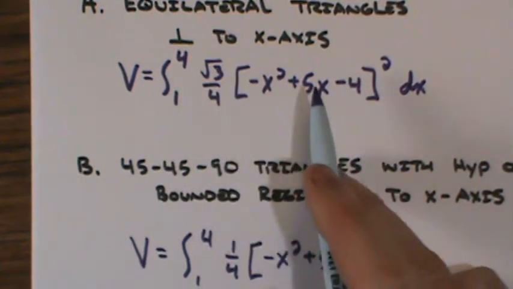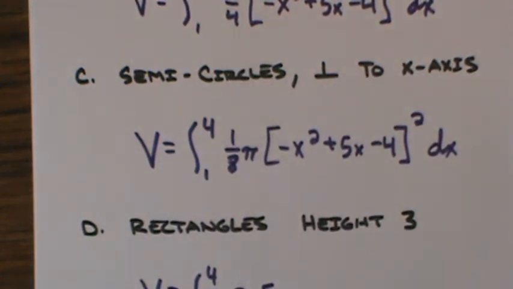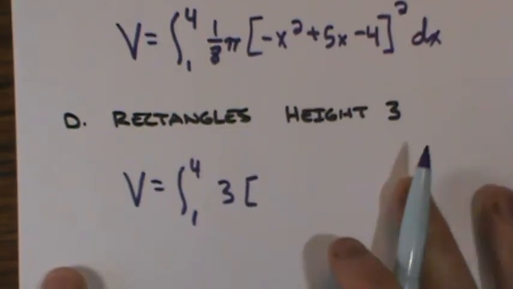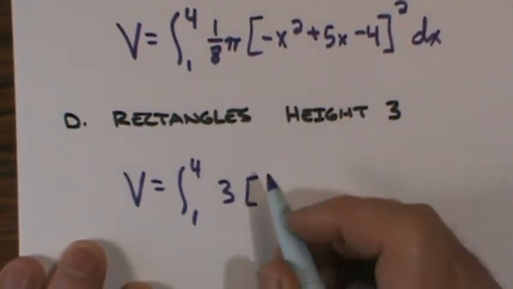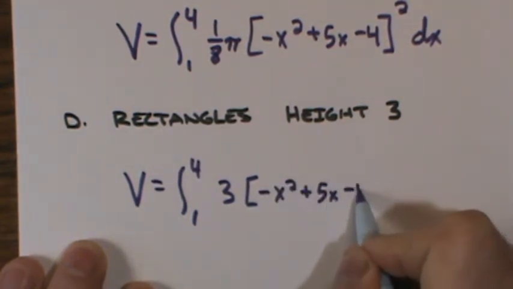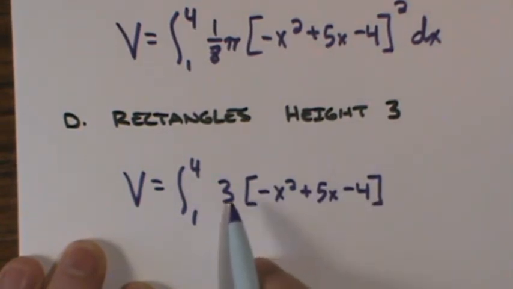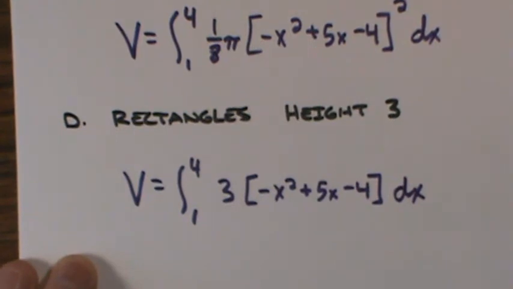Here's the 2 dimensions, which was creating the area, multiplied by the dx, which was your third dimension. On this one, this is a dimension. This is a height of 3. The base is just the simple negative x squared plus 5x minus 4, not squared. It's just boom, boom, 1, 2 dimensions. dx makes the third dimension.